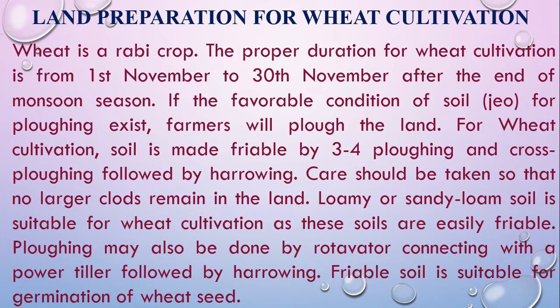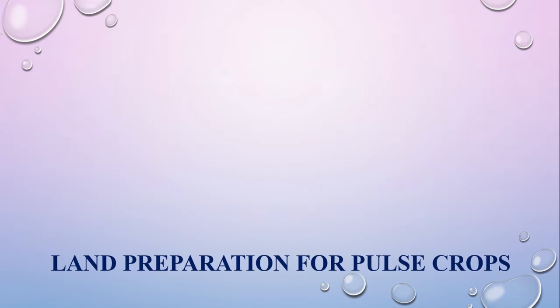Make sure the soil will be friable or loose, so that the wheat seed will germinate properly. For that, loamy and sandy loam soil is best for wheat cultivation. Whatever the soil is, we have to make sure the land is properly friable, then the seed will germinate easily. This is the land preparation of wheat cultivation.